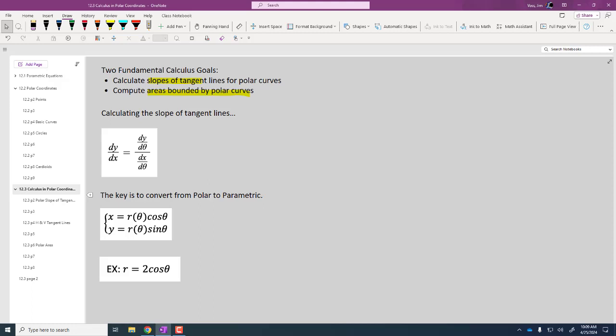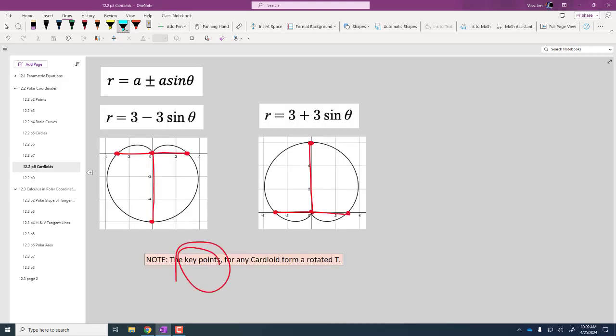Well, here's how we create parametric equations from our polar equation. Our polar equation is r equals some function of theta. So maybe if it was a cardioid, it is r equals maybe 3 minus 3 sine theta.